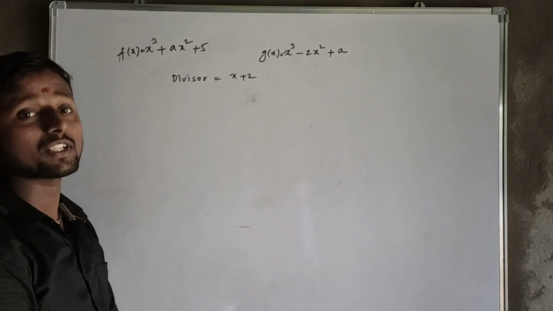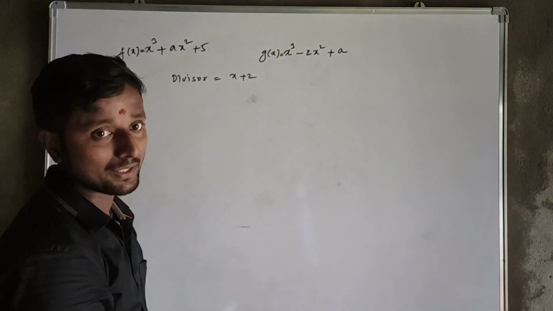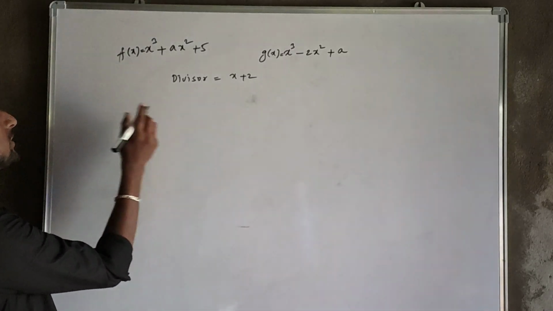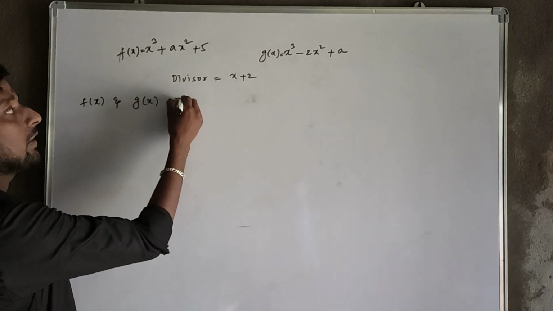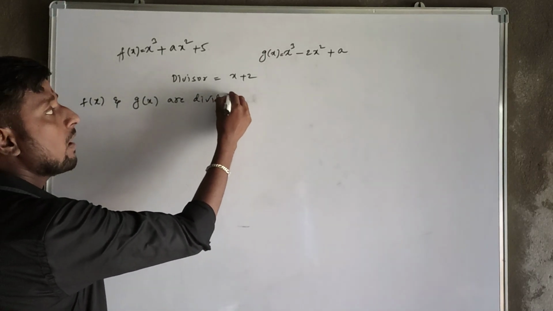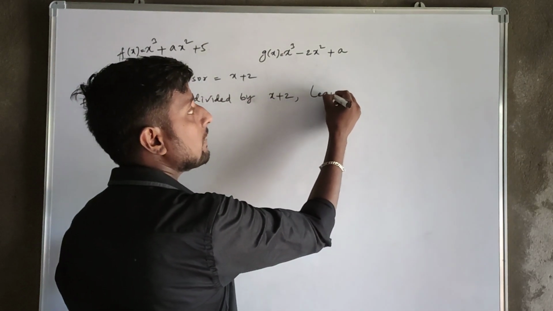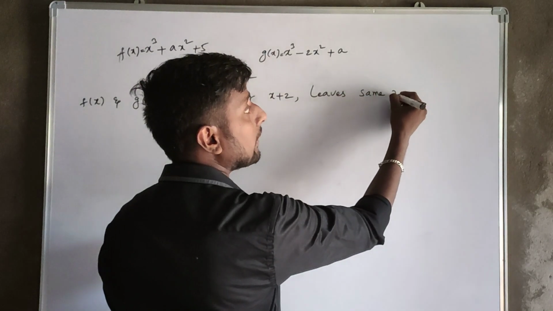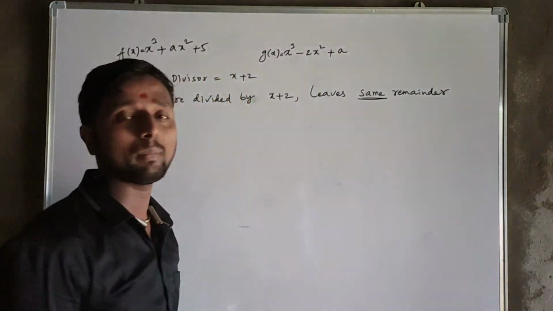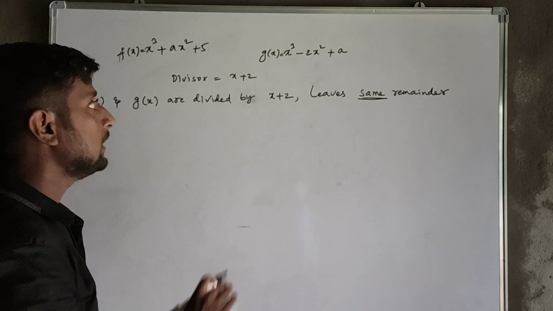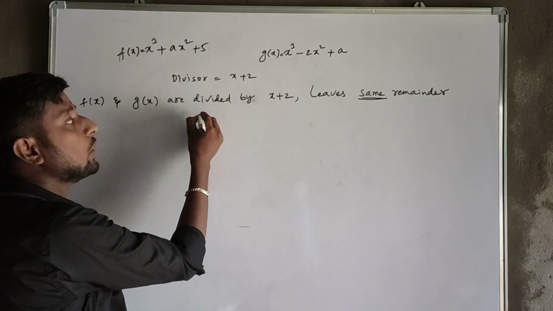What I said just before: if we have x plus 2, then for the remainder we should use minus 2. What the statement tells: f of x and g of x are divided by x plus 2 and leave the same remainder. Okay, remember the word same, but we are talking about remainder. So for x plus 2, first of all I need the remainder of the first polynomial.